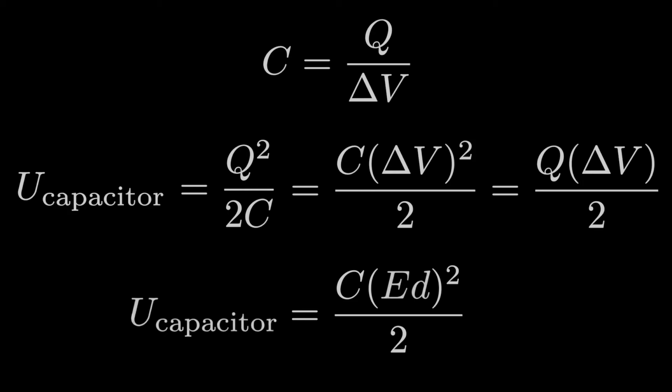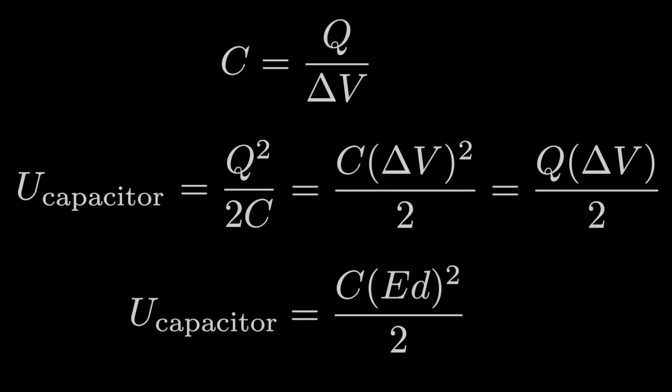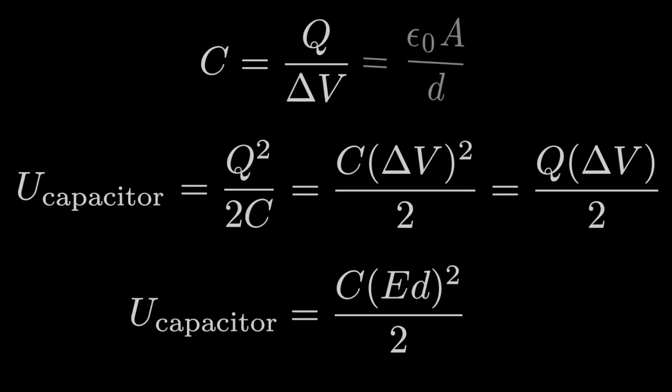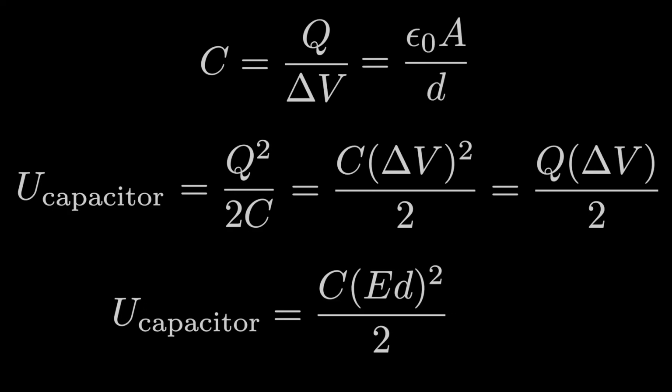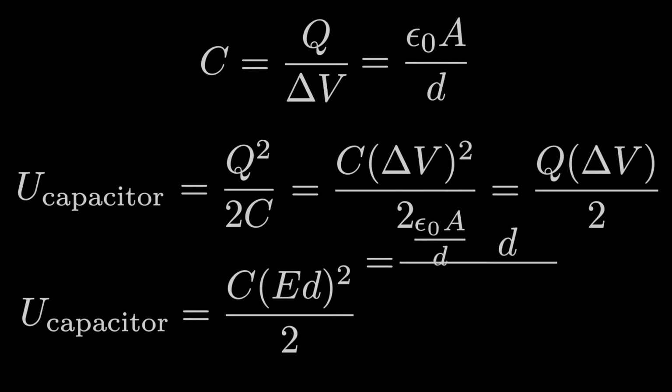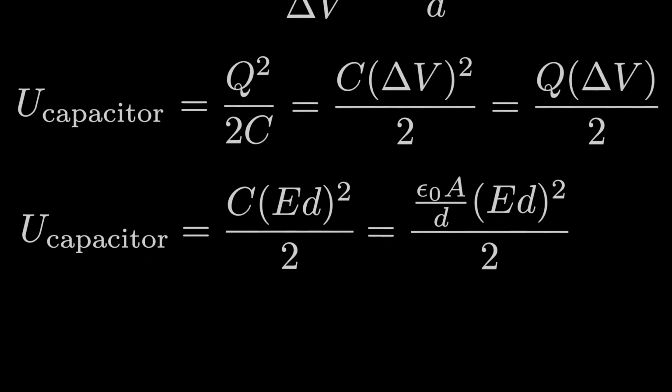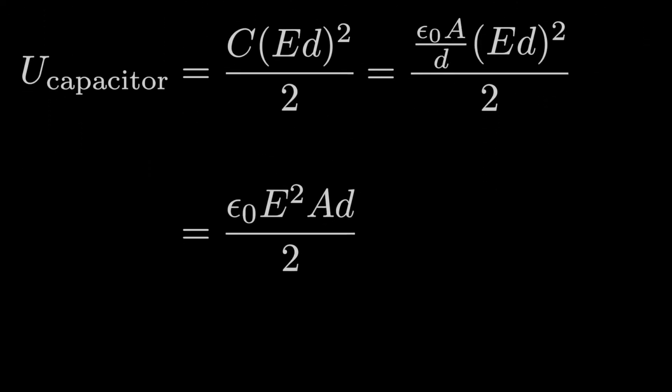Also, we remember we can write the capacitance of a parallel plate capacitor as epsilon naught A over d, where A is the area of one of the plates. Some stuff cancels, and what we're left with is this interesting formula here.